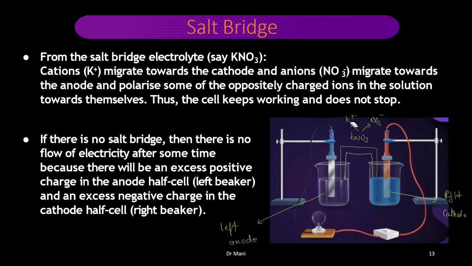That means the positive ions are moving towards the left. The reason being the accumulation of negative charges here. The NO3- is moving towards the right, the reason being the positive charges are accumulated. Understood? So see here, cations, K+, migrate towards the cathode. One second, guys. I think I wrote it in reverse.